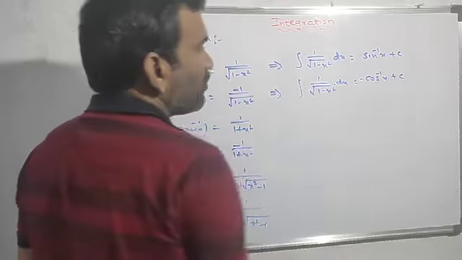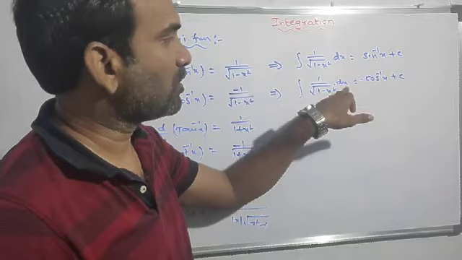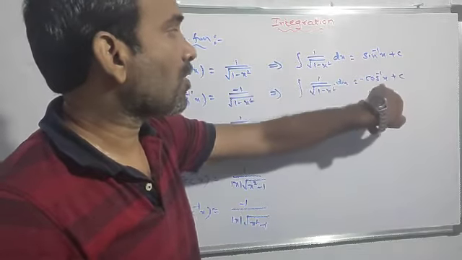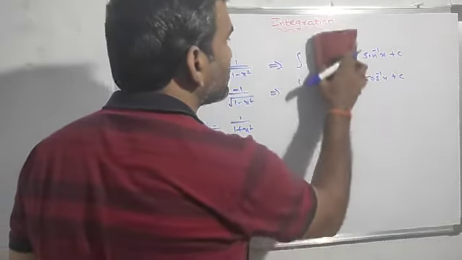But if you observe, both the formulas are the same, so what is our value now? Integration of 1 by square root of 1 minus x square into dx equals sin inverse x plus c or cos inverse x plus c. For both values I am writing it like this.